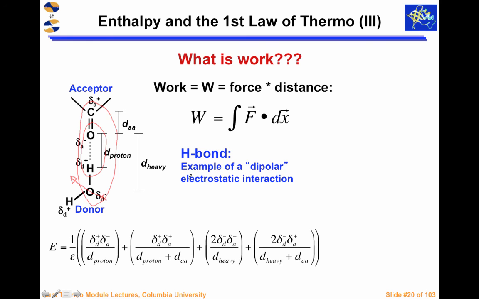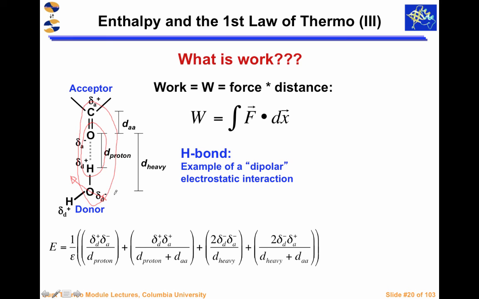And then the final contributor will be D heavy plus DAA. We'll be looking at the favorable interaction between the positively charged carbon atom and the negatively charged oxygen atom. So when we sum up all of these contributions, we can approximate the electrostatic potential energy of the hydrogen bond.